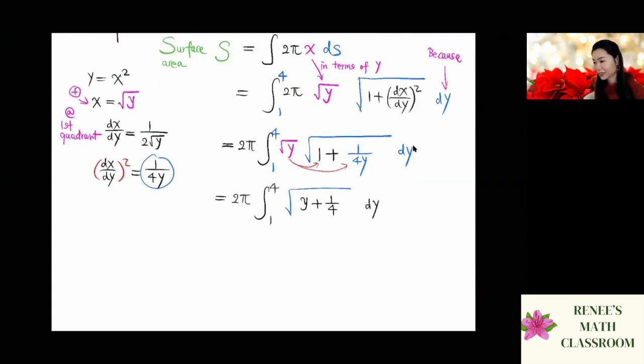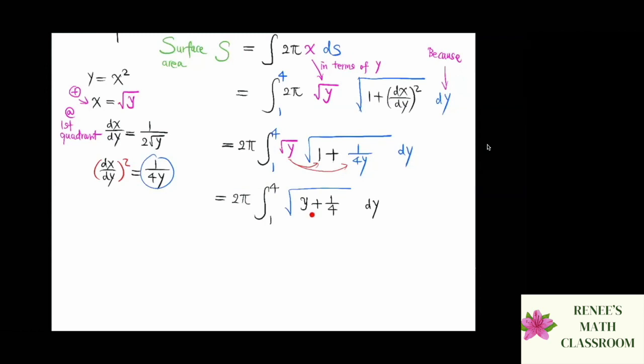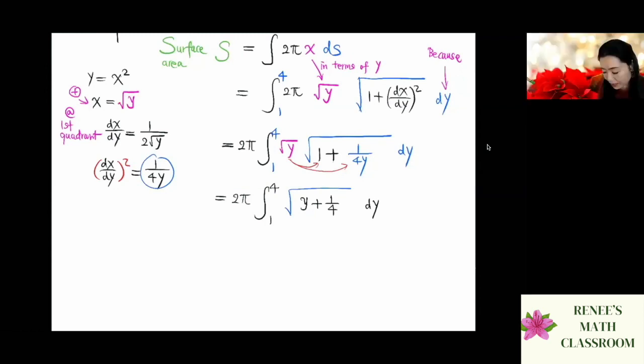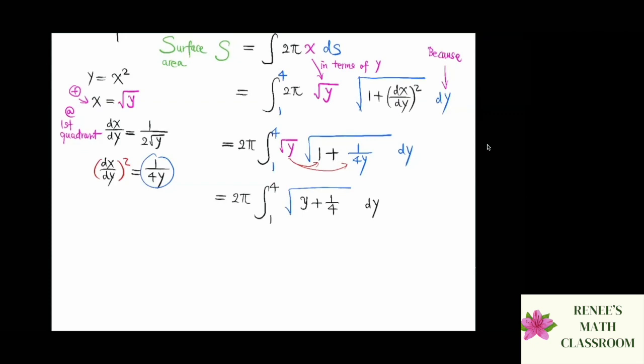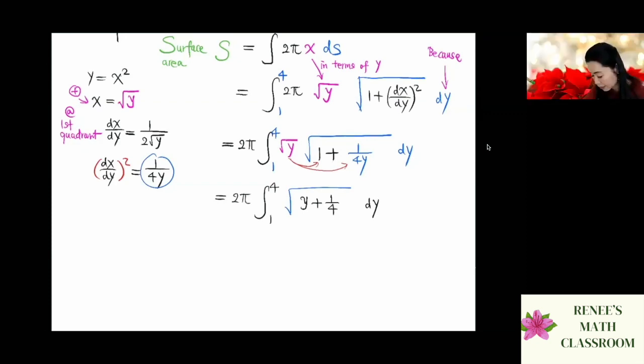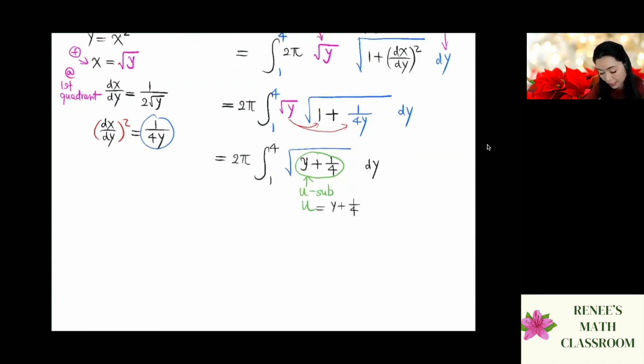Okay, if you do this integral by hand, what kind of method do you use to find this integral? I think u-substitution. U-sub, you got it, okay? So we use u-sub. We want this whole expression inside to be u. U is equal to y plus 1 over 4. And so du is going to be just dy.